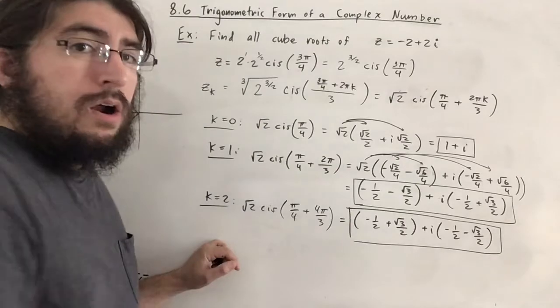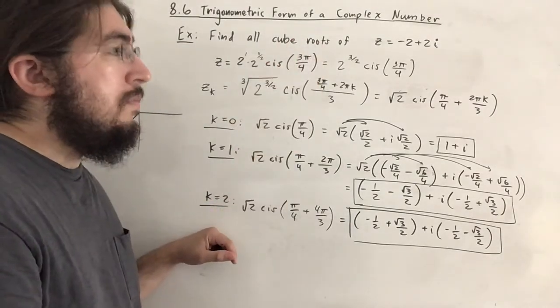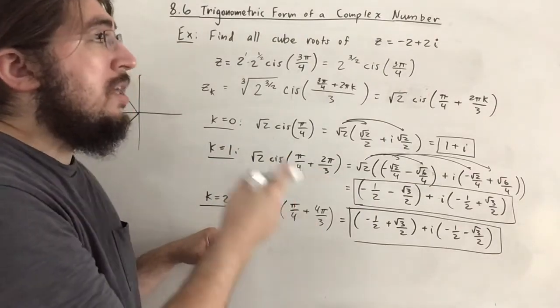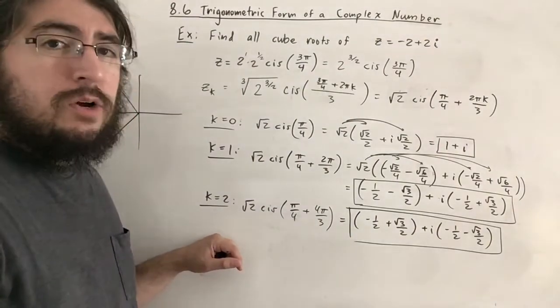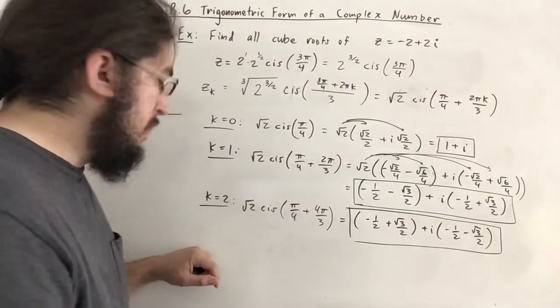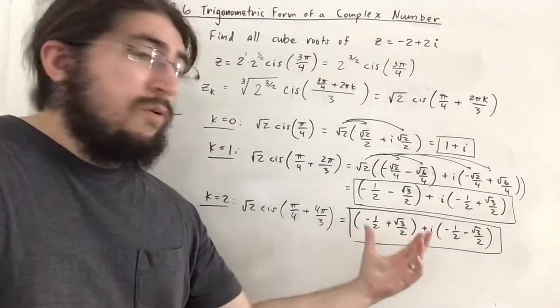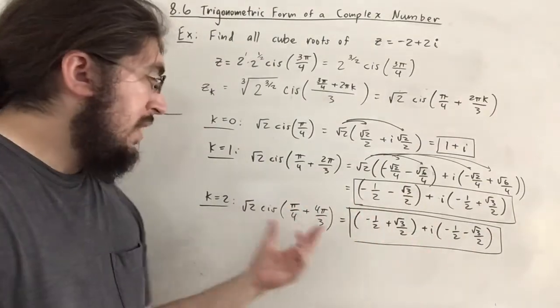So these are our roots, or cube roots, of negative 2 plus 2i. Meaning if you were to take any of these to the third power, you would get exactly negative 2 plus 2i. Now I'd like to show you that, but it'll take a little too much time. Something that I definitely can show you though, is that we've already established this in polar form, or trig form, is this.